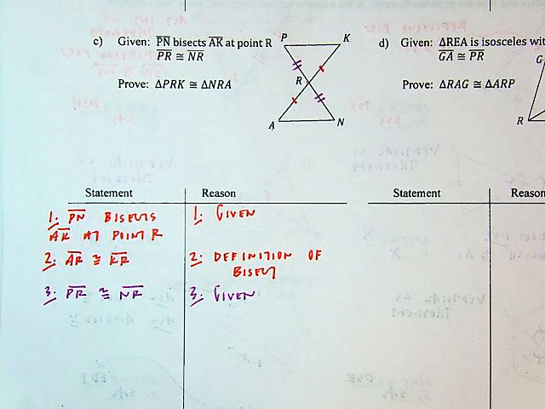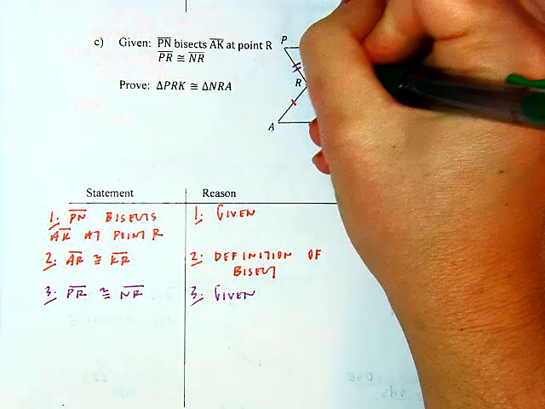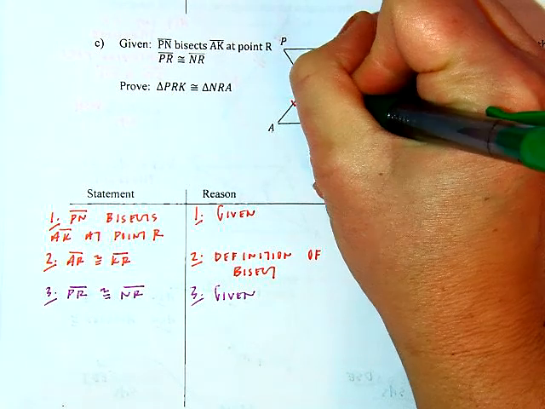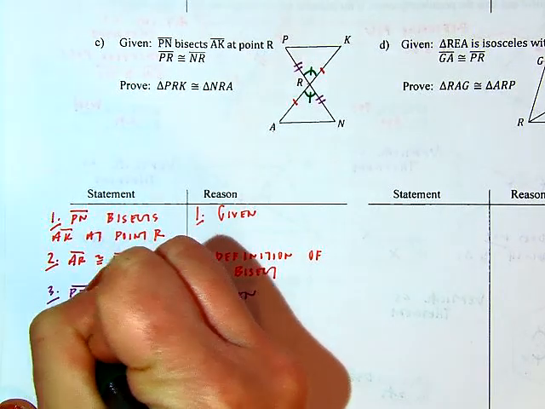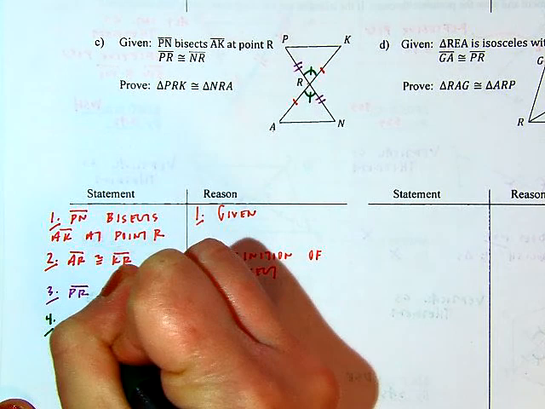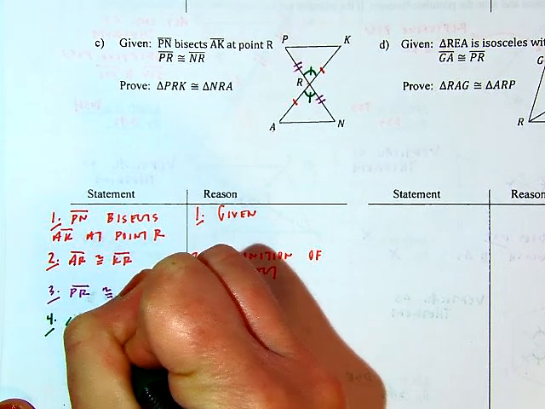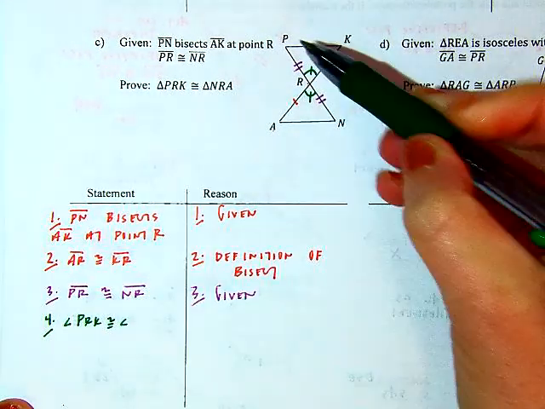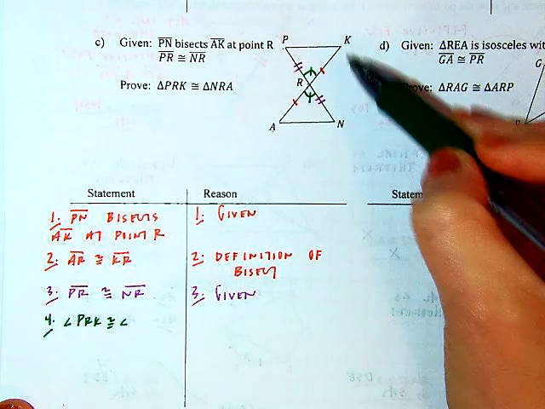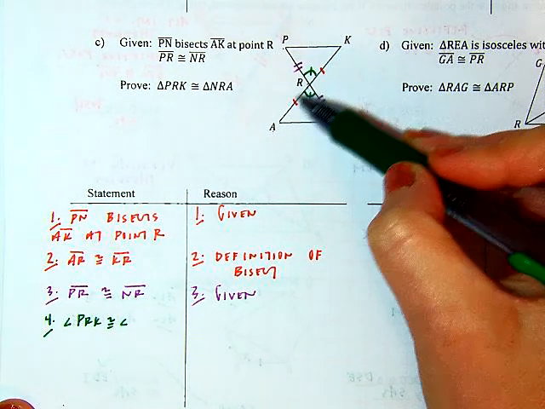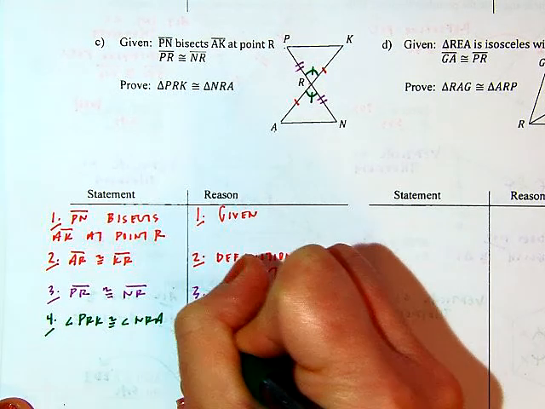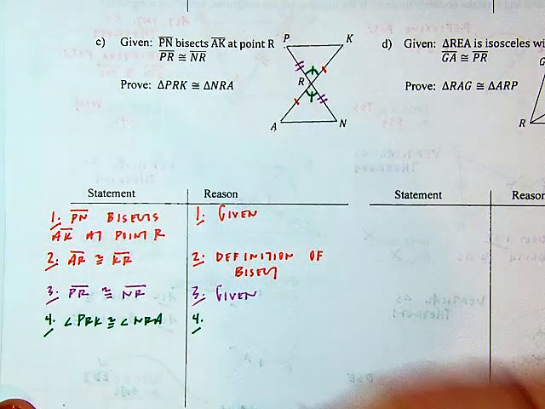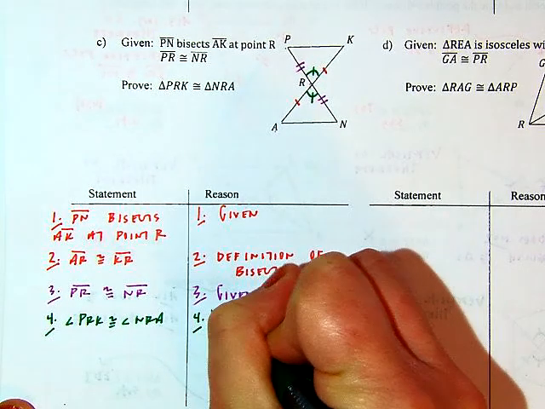And that is pretty easy for me to see that, oh yes, I have these vertical angles right here. So here I can say that angle PRK, so PRK will link up with NRA. Right? We know that's the vertical angles theorem.